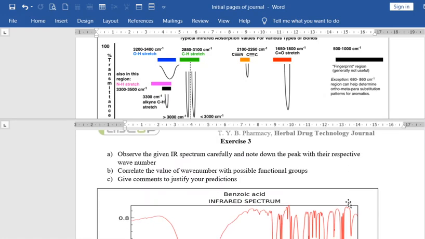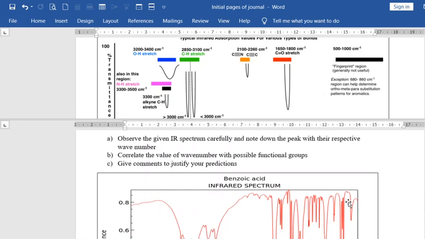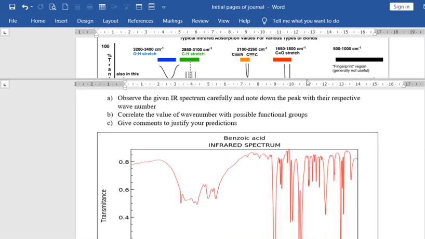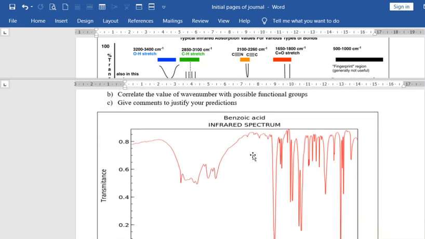Moving towards exercise 3: observe the given IR spectra carefully, note down the various peaks with their wave numbers, and then correlate them with the possible functional groups.